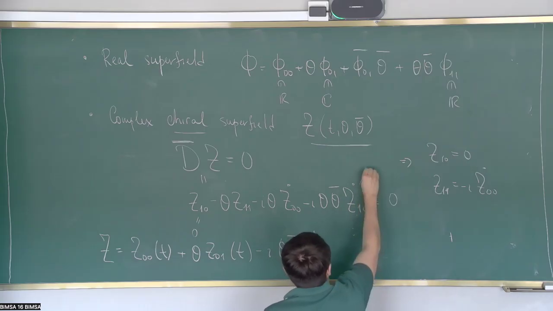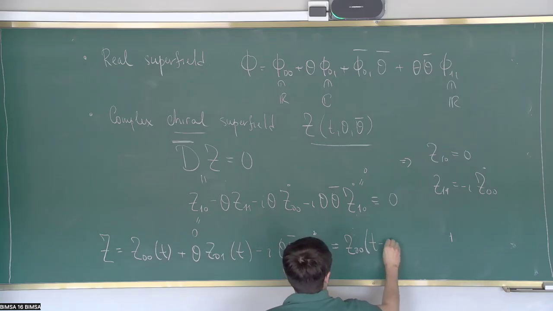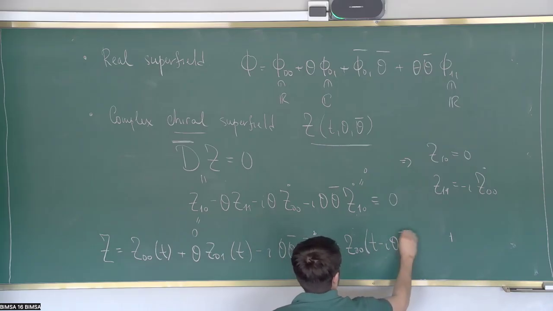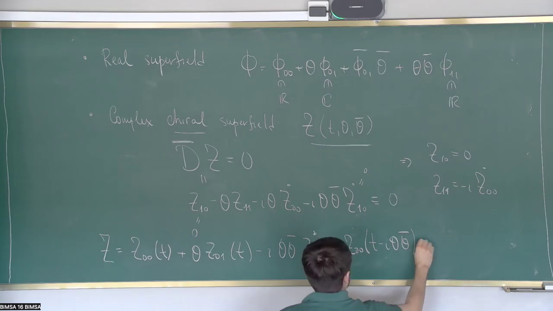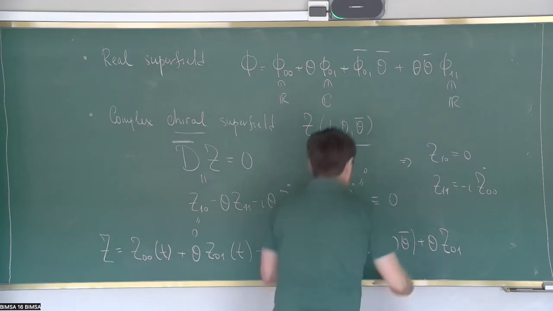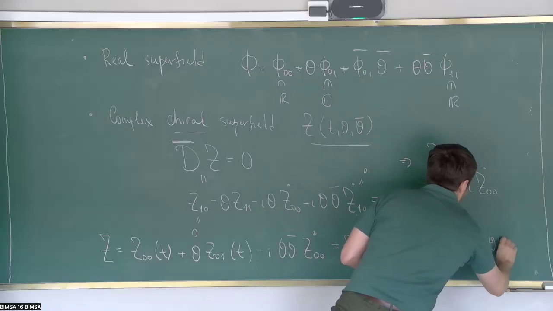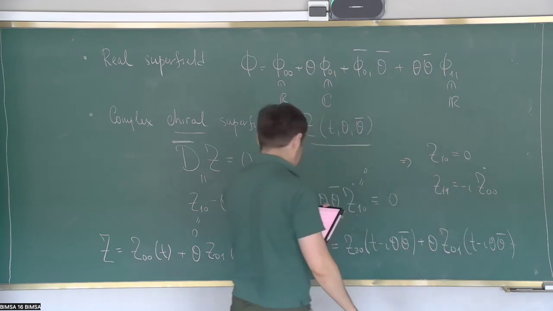And it's sometimes more conveniently written as follows: this is z00 of t minus i theta bar plus theta z01 of t minus i theta bar.